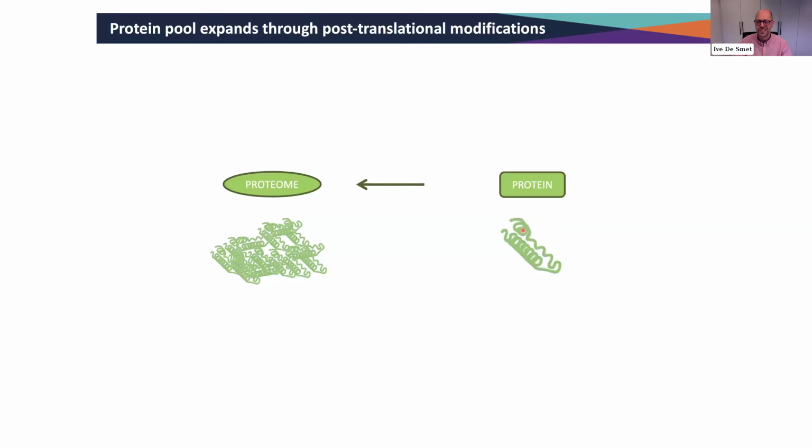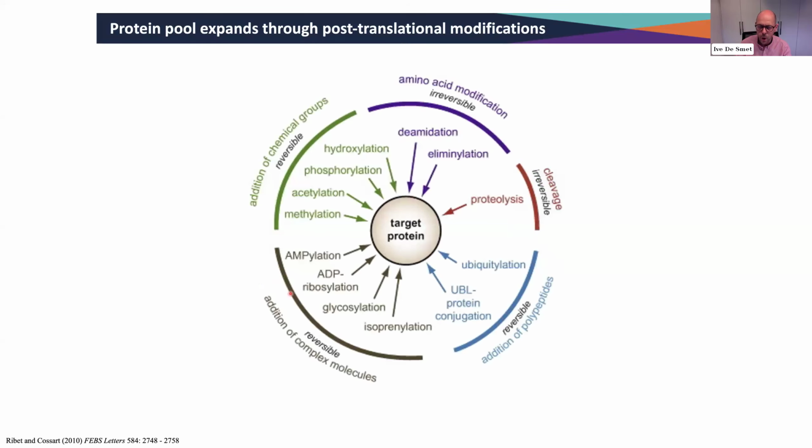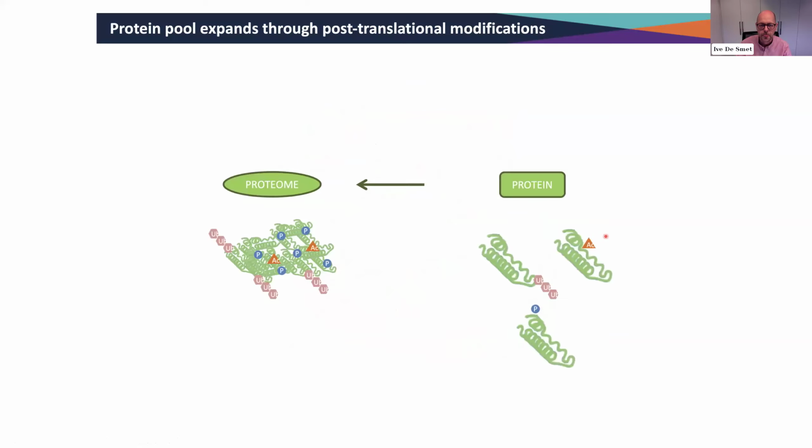Because if you take all these proteins together, bringing up the proteome, all of these individual proteins can undergo a number of post-translational modifications, which are either reversible or irreversible, and these impact the functionality, the activity, and so on of these particular proteins, which means that one gene is not necessarily encoding one particular protein, but is encoding a diversity of proteins based on these modifications.